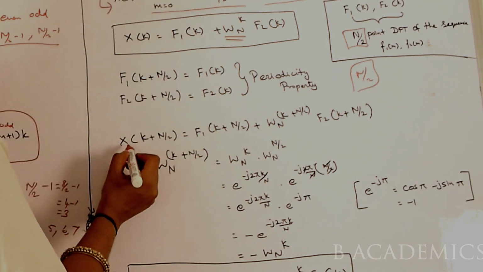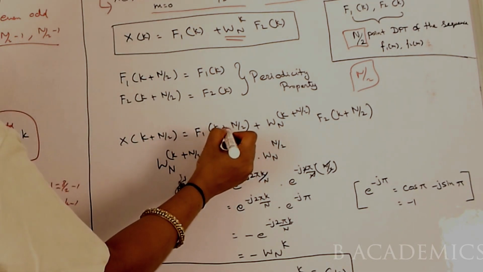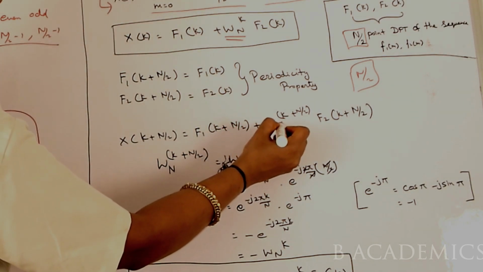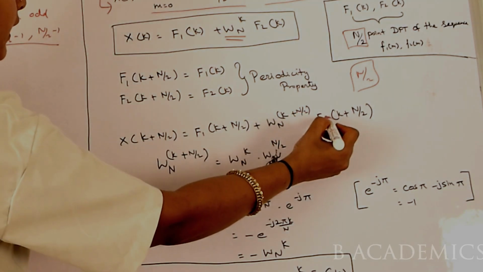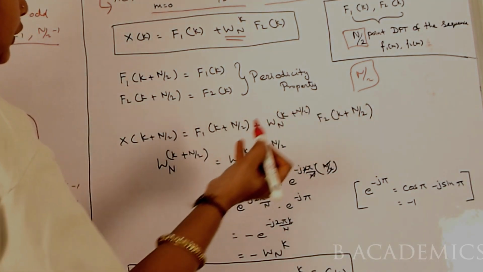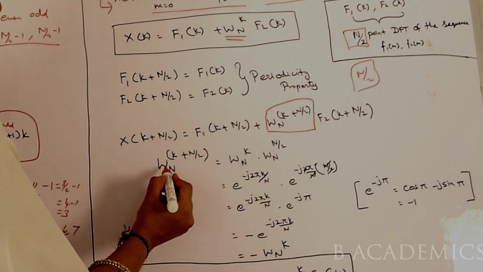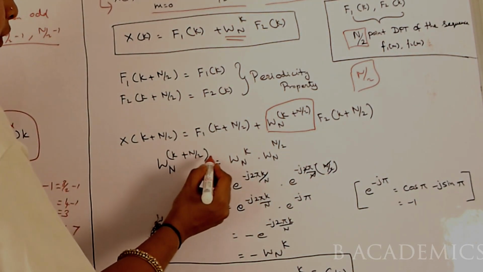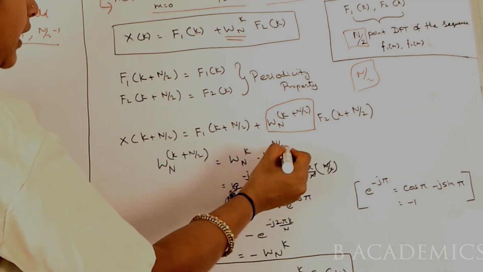Here you can substitute x of k plus n by 2 is equal to f1 of k plus n by 2 plus W n, instead of k you are substituting k plus n by 2, f2 of k plus n by 2. Here consider this one, W n k plus n by 2 equal to W n k into W n n by 2.